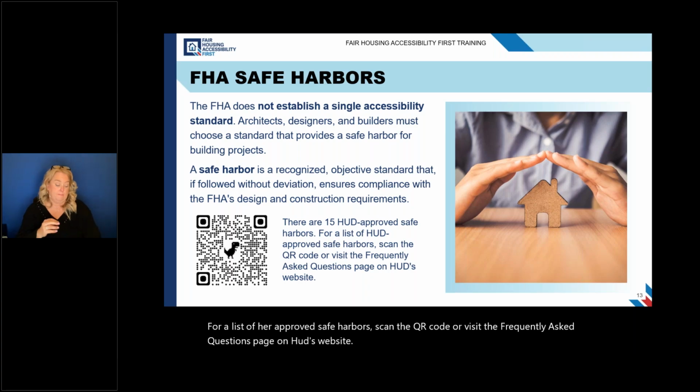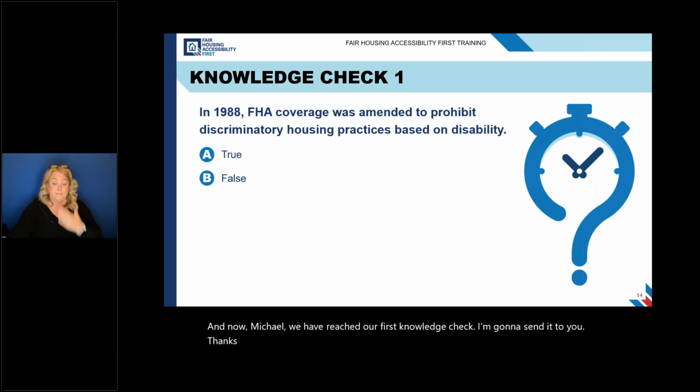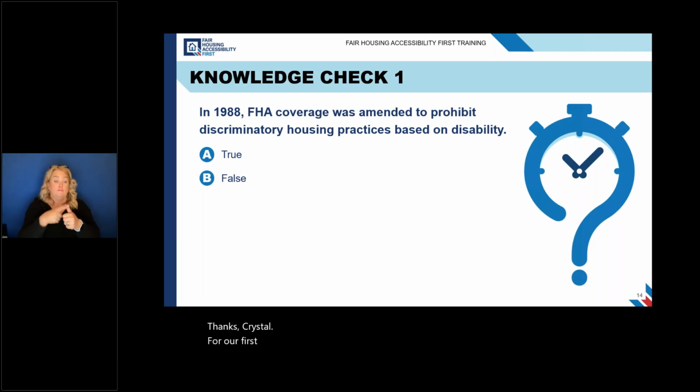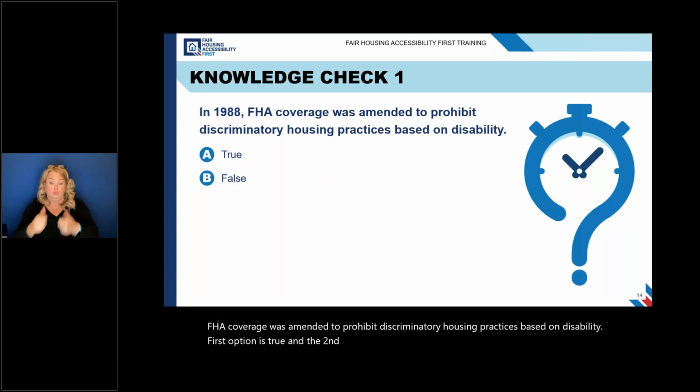And now, Michael, we have reached our first knowledge check. I'm going to send it to you. Thanks, Crystal. For our first knowledge check, in 1988, FHA coverage was amended to prohibit discriminatory housing practices based on disability. First option is true, and the second option is false.